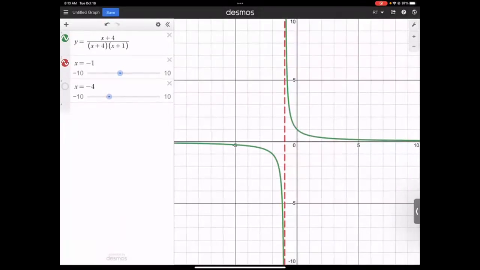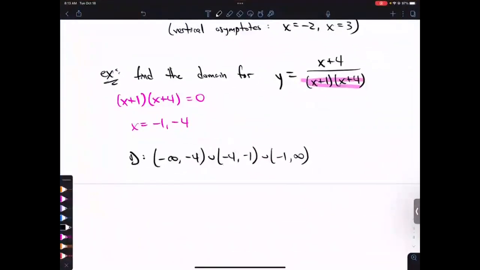What happens if you try to plug -4 into this thing? You get 0 over 0. Okay, well, we know that dividing by 0 is a problem, right?